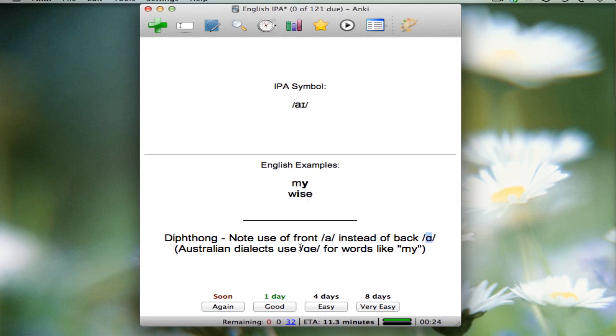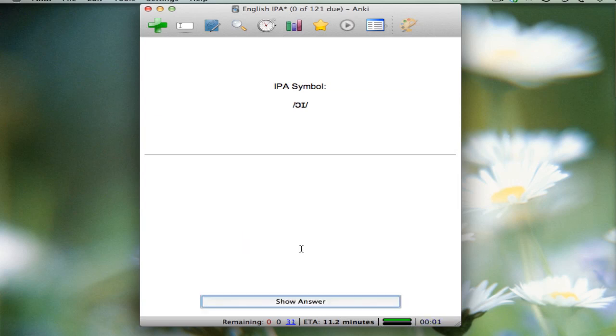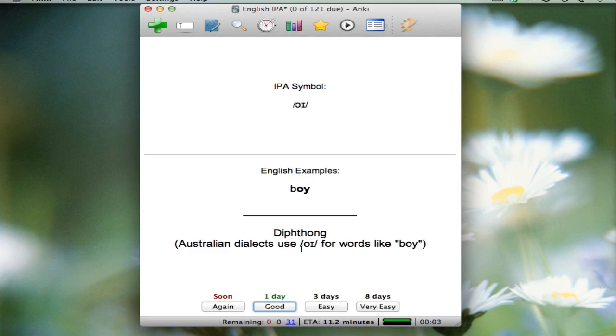For Australian dialects, they do use the back vowel, and they go to a different second sound for words like this, my. Oi, boy, is another diphthong. Australian dialects go to a different vowel, so they say boy differently.